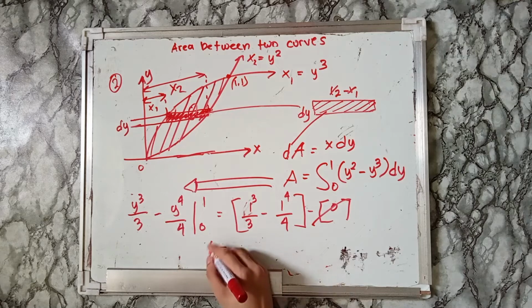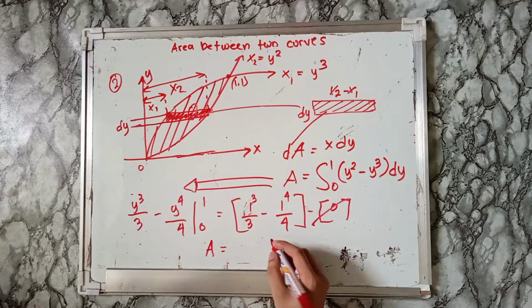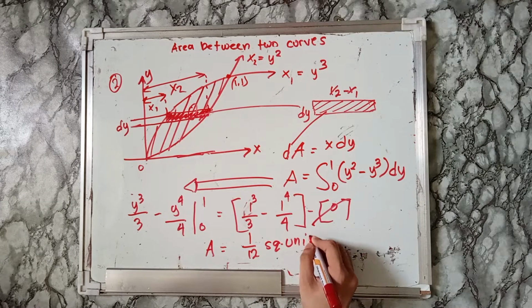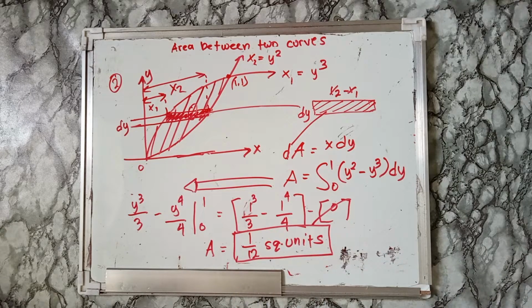So our area is 1/3 minus 1/4, which is just 1/12 square units. So this is our answer. This is just a simple way to find the area between two curves.